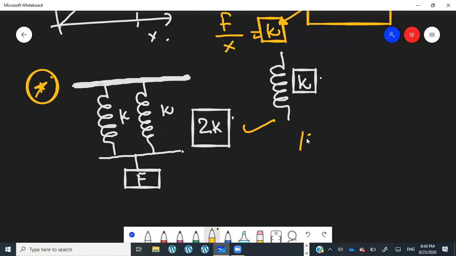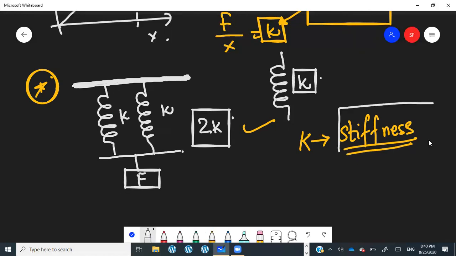Do you know what the spring constant actually represents? It represents what property of the spring? Stiffness. What does stiffness mean? Does it mean the hardness of the spring?